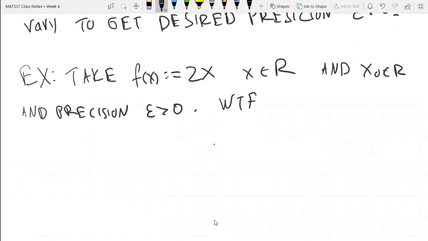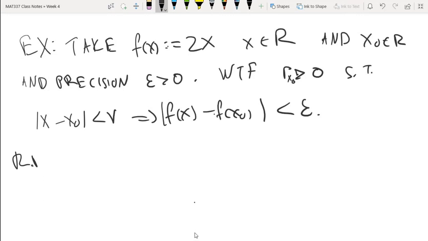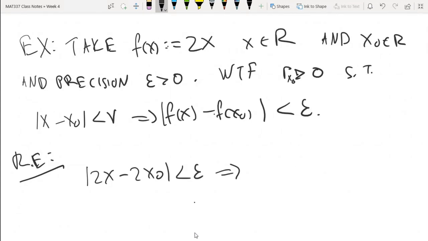So we want to find R positive so that |x minus x naught| less than R implies that this is within epsilon. So we reverse engineer. We have |2x minus 2x naught| less than epsilon. We factor out the 2.